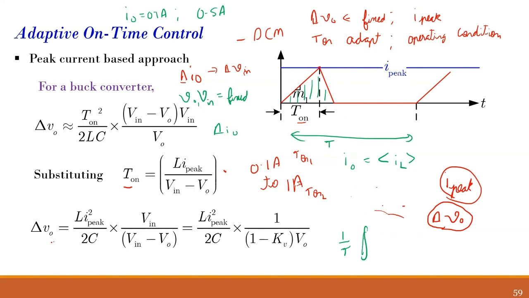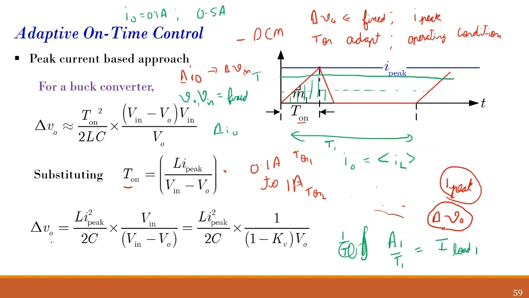Assume that area to be A1. A1 upon T1 is your I load 1, load current 1, let us say it has this value over here. Now my load current has changed to I load 2.